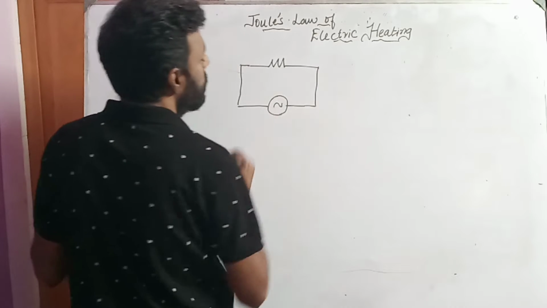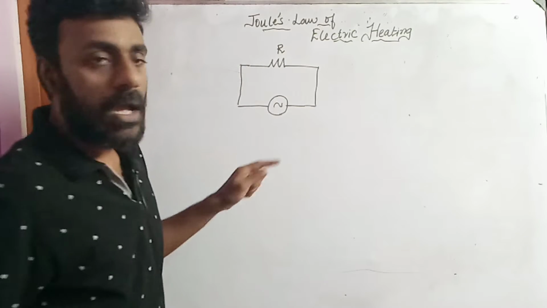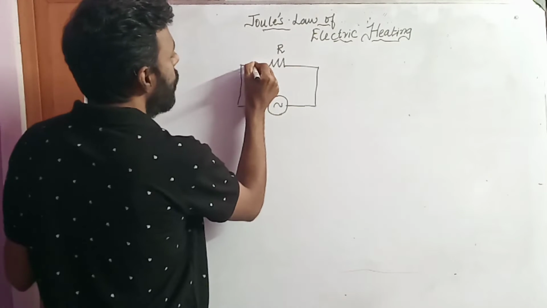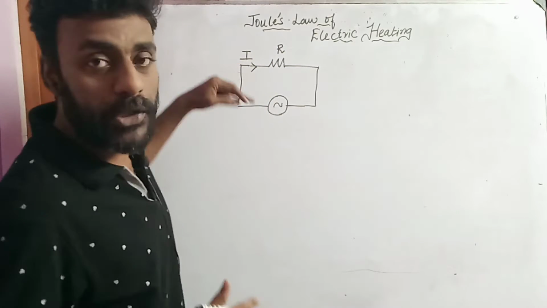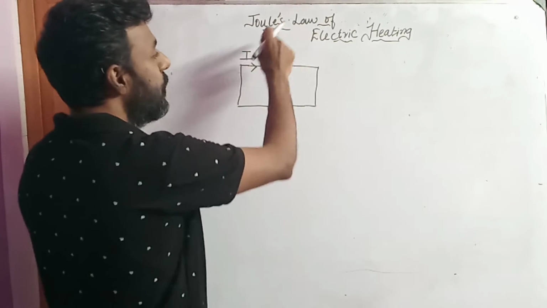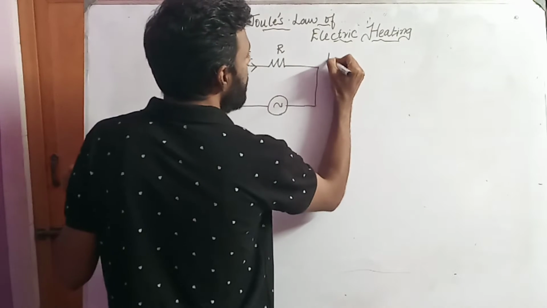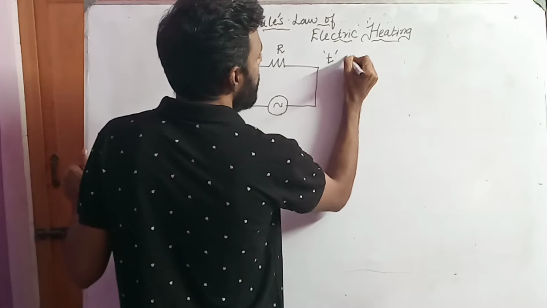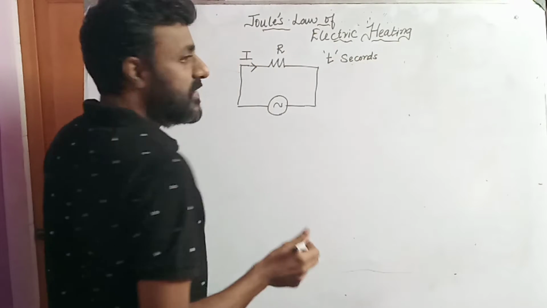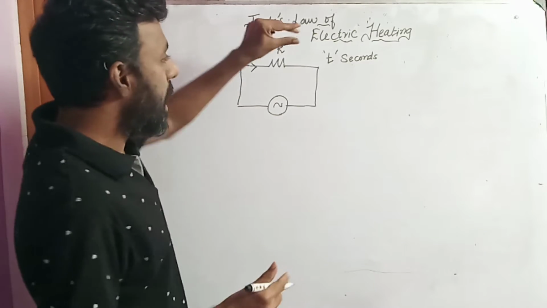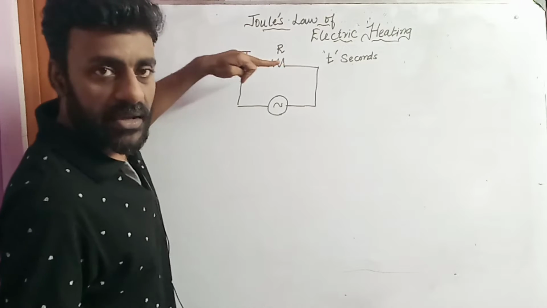It is a resistive element of resistance value R, and a current I is flowing through the resistor of value R. This happens in a time of t seconds. So at t seconds, a current is passing through the resistor.